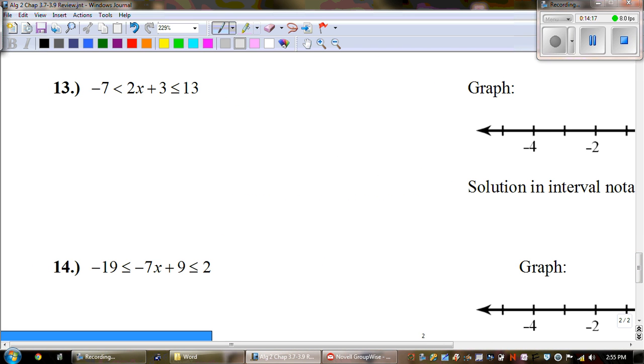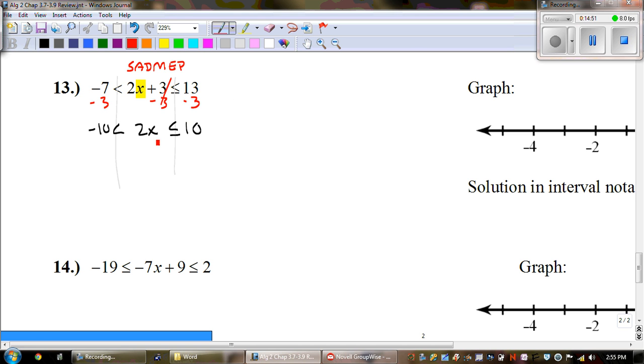Now, for problems like 13, remember, we want to get the x by itself. So I'm going to draw a line down the middle of both inequalities. And now all we're going to do is follow the rules of SADMAP. So we're going to subtract 3 from all 3 sides. -7 minus 3 is -10 is less than 2x, which is less than or equal to 13 minus 3 is 10.